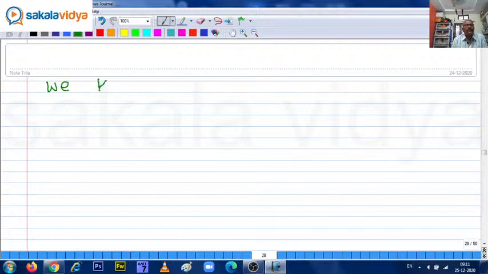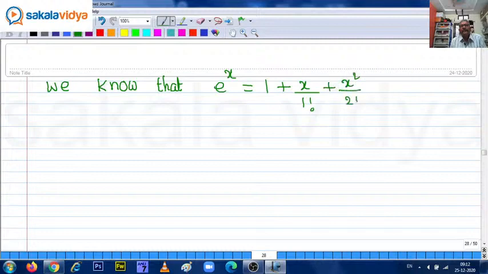So we know that e raised to x equals, just as we defined, 1 plus x upon 1 factorial plus x square by 2 factorial plus x cube by 3 factorial and so on, x to the power of n by n factorial plus so on to infinity.